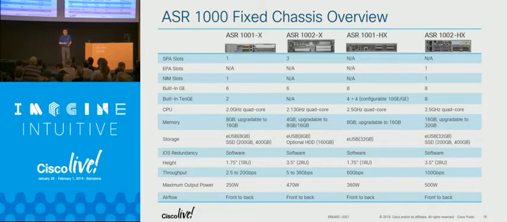Let's talk about the fixed chassis. We are going to focus on the HX chassis, which is a really new one. First thing first, the HX is not meant to replace the X chassis. If you look at this line, the throughput, you see that they operate at a totally different bandwidth spectrum. The 1X and the 2X are the 2.5G to 36 Gbps platform.